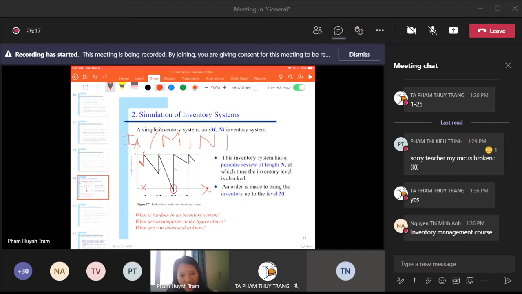Can anyone see our assumption here? Is there any assumption when we plot like this?